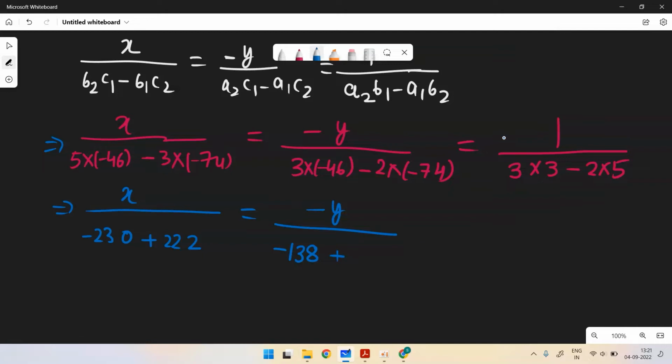So minus minus they get plus, so this is plus 7 4 to the 8, 7 to the 14, 148 is equal to nothing but 9 minus 10.